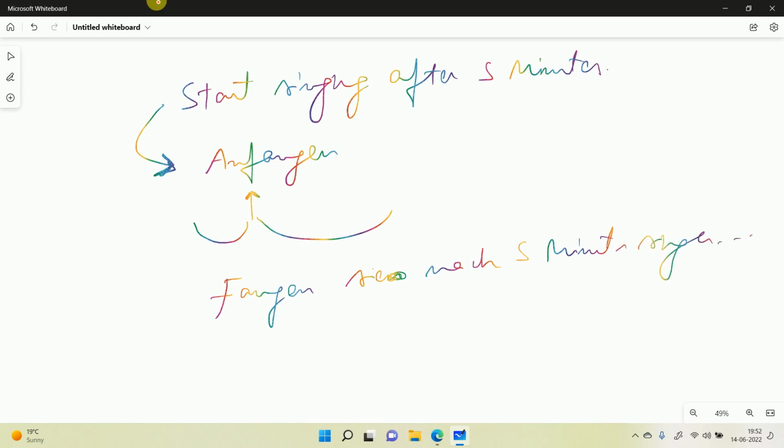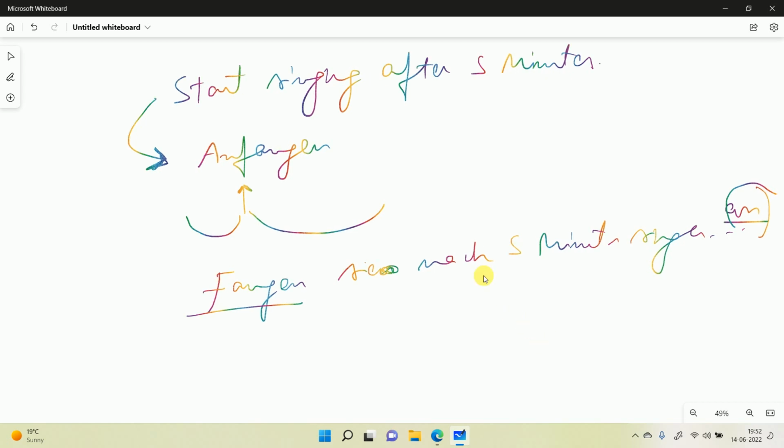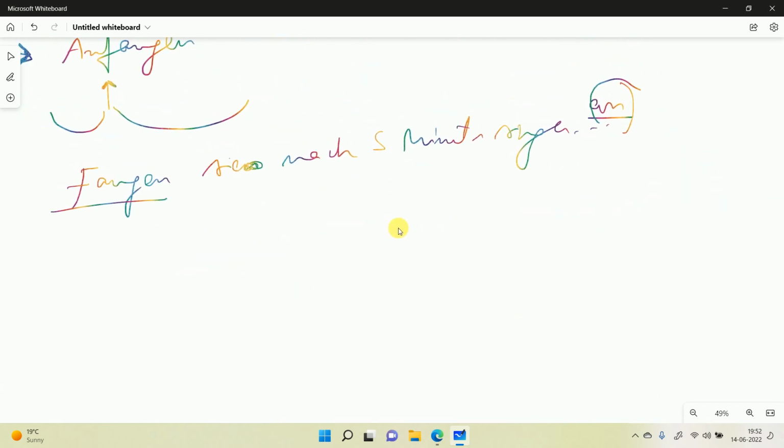It's a little complex. I'll take it up later on. What I mean to say is that anfangen will be broken up, and instead of writing anfangen, it will be fangen blah blah blah, and at the end comes an. So it's an entirely different topic. We'll take it up later on. Even I have to read before teaching. Okay, ich verstehe. Dankeschön.